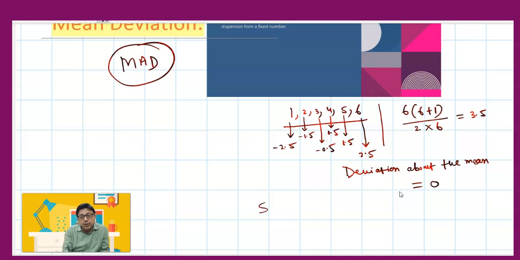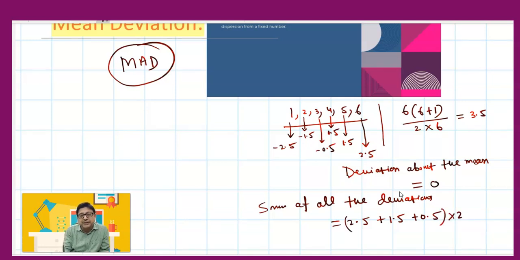So the sum of all the deviations is equal to 2.5, we made this one positive, plus 1.5, this one made positive, plus 0.5, and this will be multiplied by 2 because this data repeats over there. 2.5 plus 1.5 plus 0.5 is 4.5, that is 9.